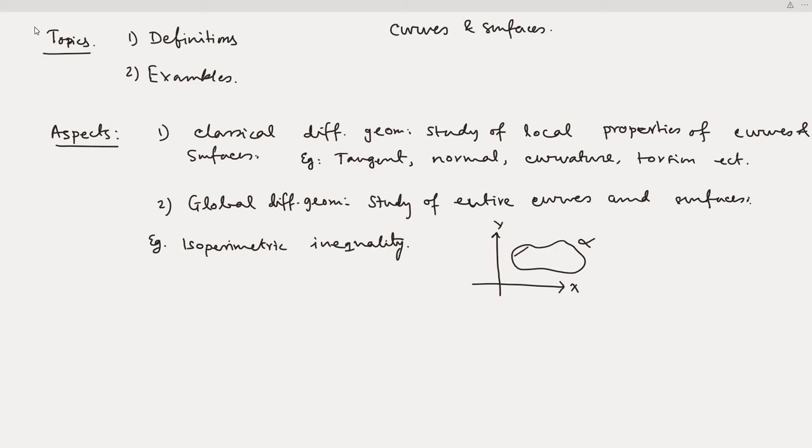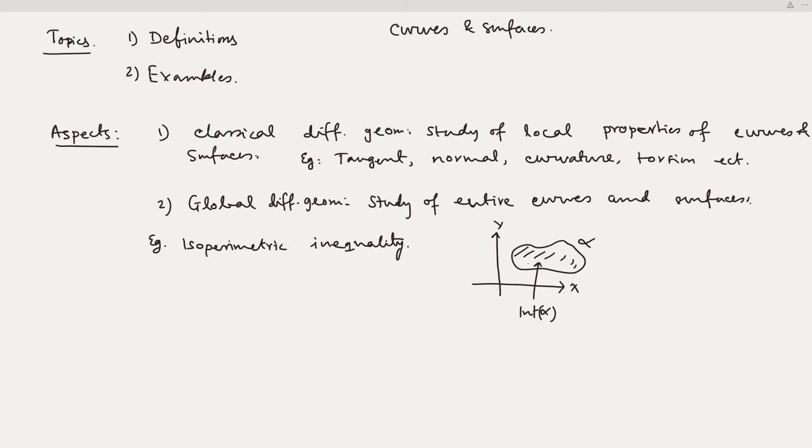This is the interior part, the bounded region, and the exterior part is unbounded. The interior part we denote by interior of alpha.